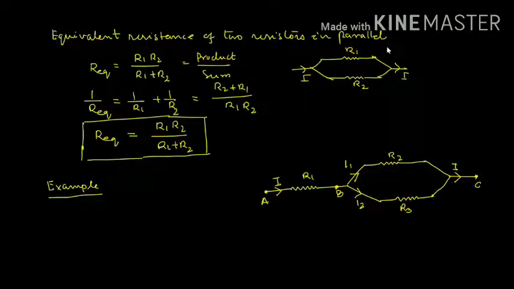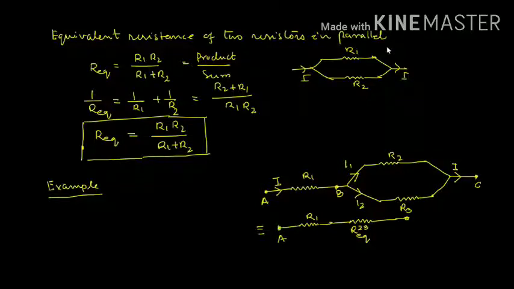Now the equivalent resistance of R2 and R3 is connected with R1. So this can be equivalent to this resistor R1, and the equivalent resistance of R2 and R3, this is R equivalent of resistances R2 and R3.